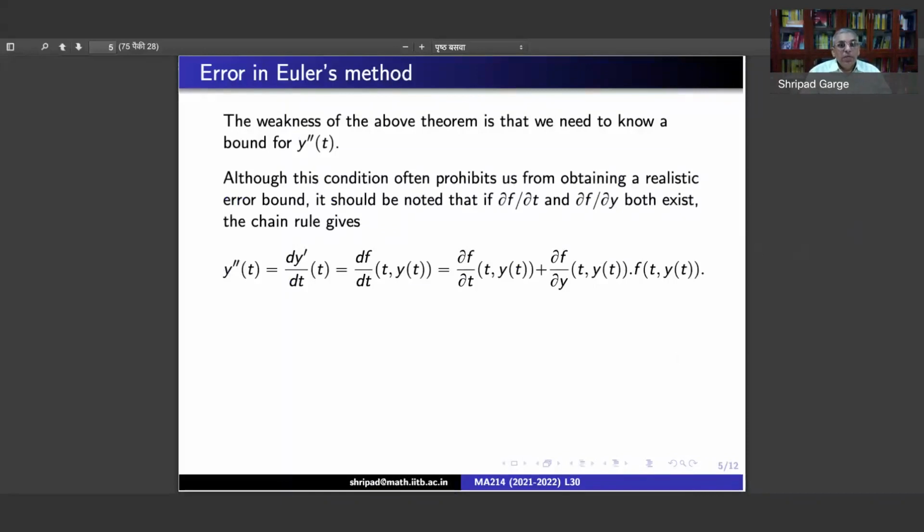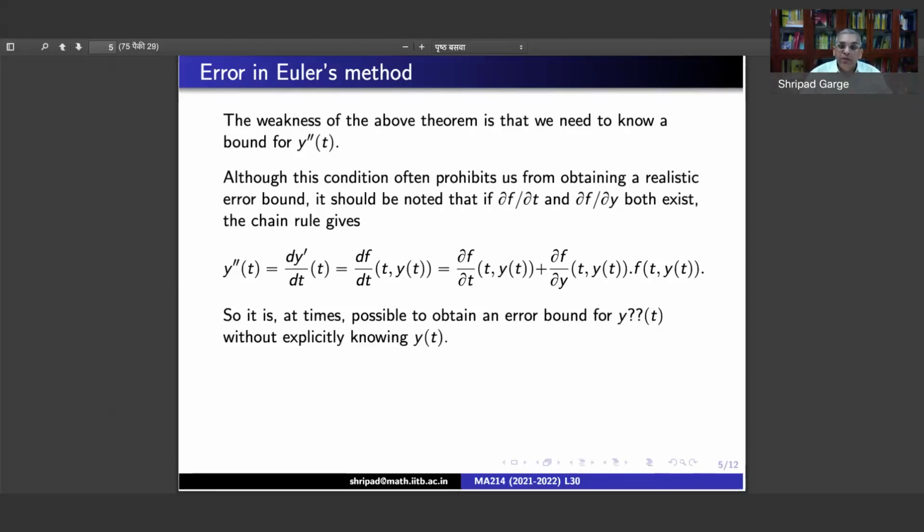So even if you don't have any information about how to write the function y, without that, if you know the partial derivatives of the function f with respect to t and y, then you can write this quantity, and that will allow you to obtain an error bound for y double prime t, although we will not know the function y(t) at all.